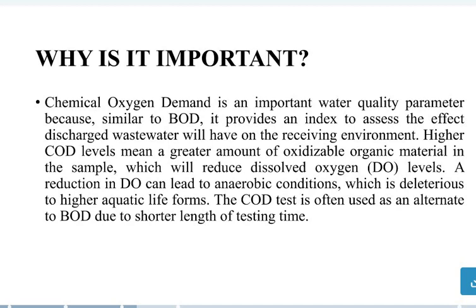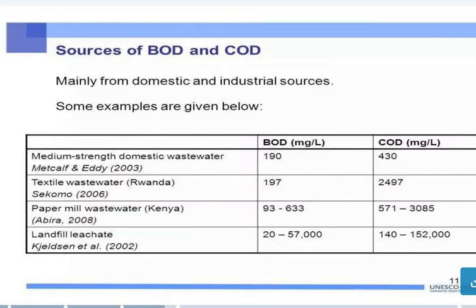A reduction in dissolved oxygen can lead to anaerobic conditions, which is deleterious to higher aquatic life forms. The COD test is often used as an alternative to BOD due to its shorter testing time.